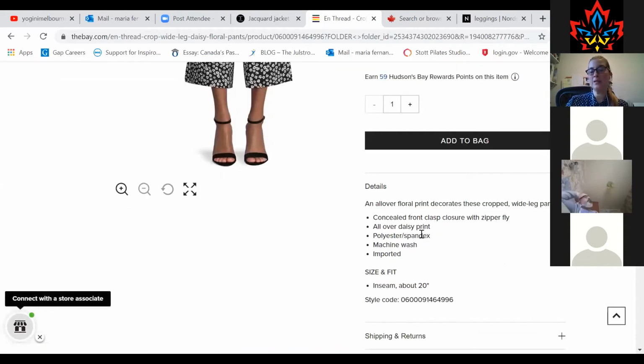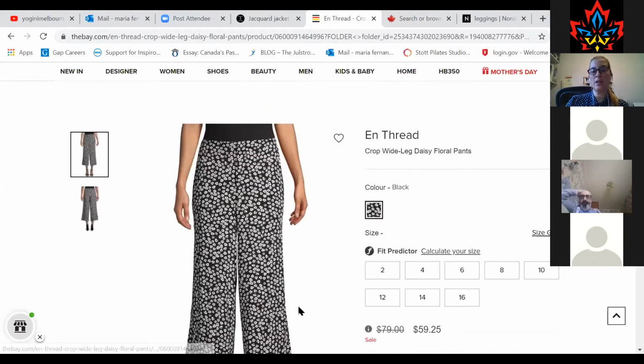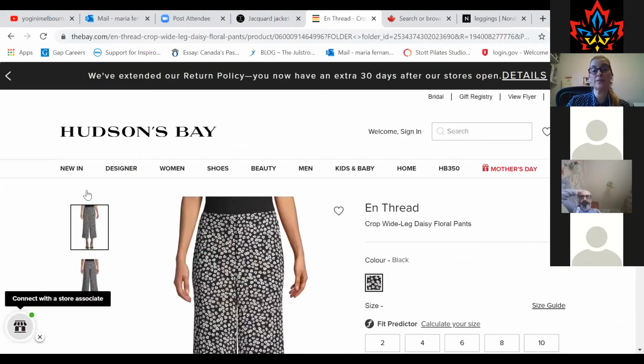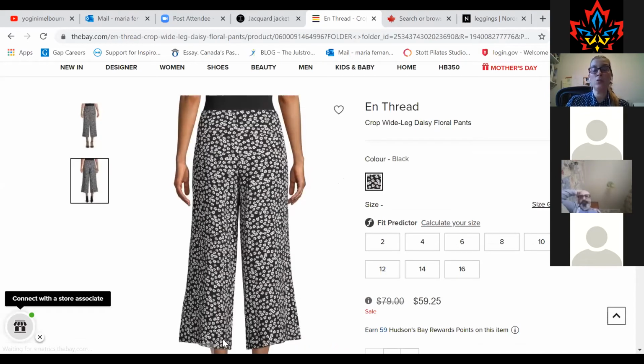Again, polyester spandex. There's nothing there. And it's still $59. And you say to me, oh, I can do this for 20. Oh no, I can do this for $30. It doesn't work. You know that they buy it for $16. So then we're stuck with a challenge, which is price.